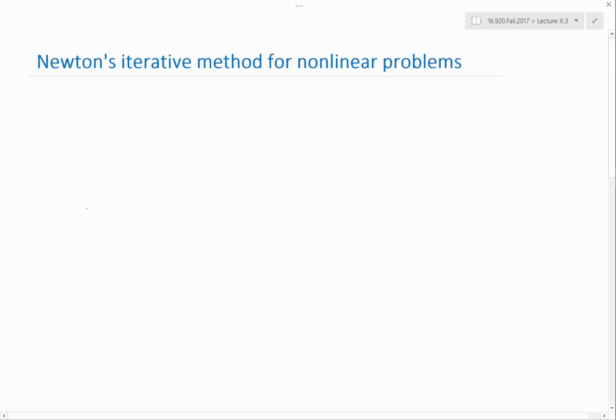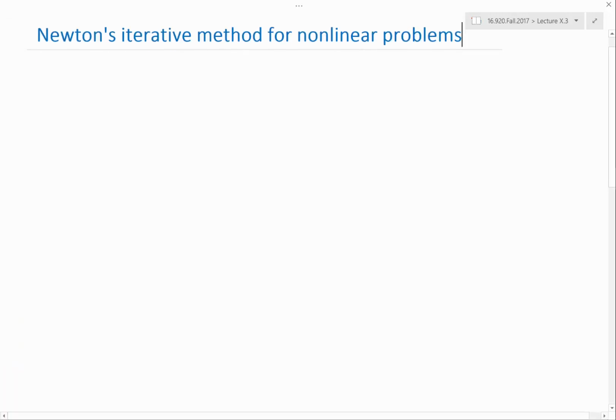Okay, so for Newton's method, I want to spend a little bit of time just telling you the gist of that. Newton's method, I think, is actually one of the most powerful methods out there. The idea is very simple. You can explain it for a scalar function with just a few words.